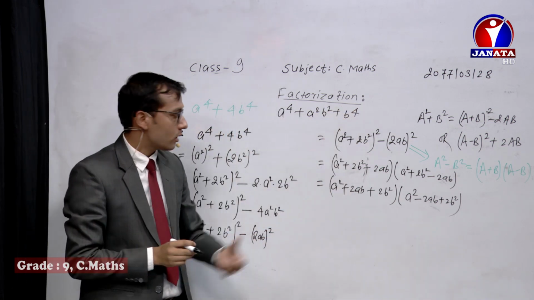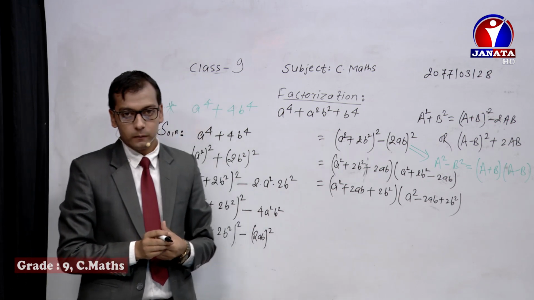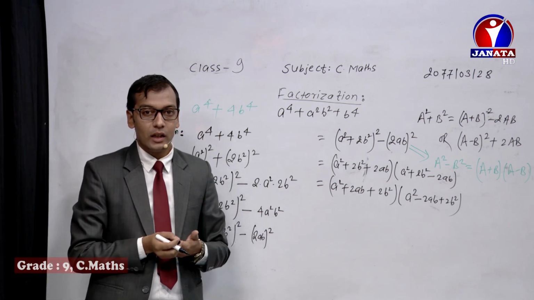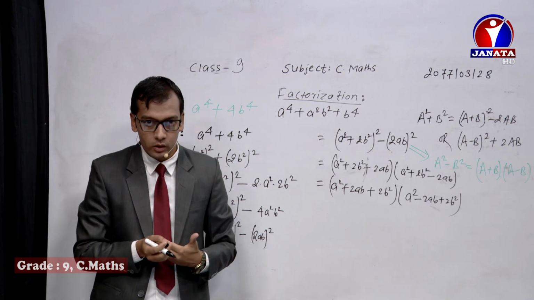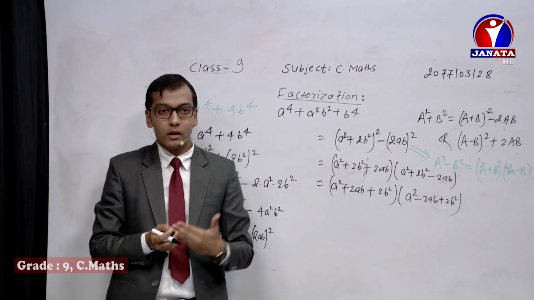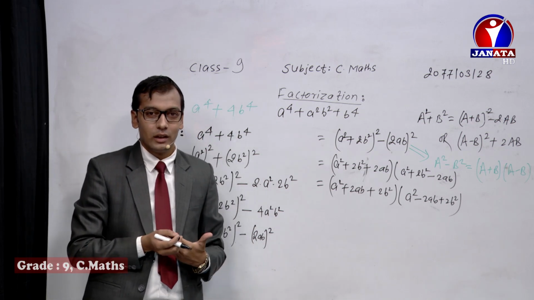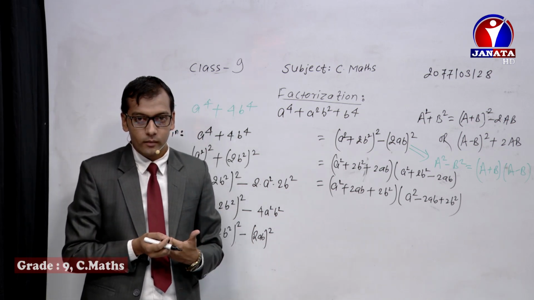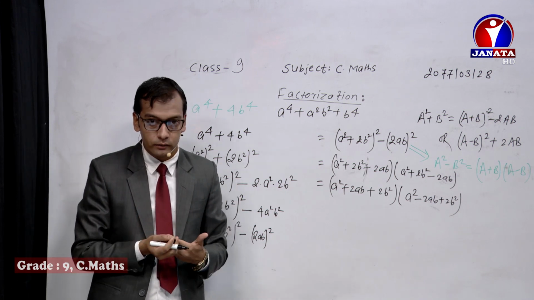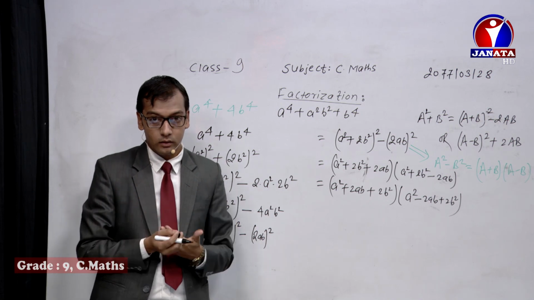We discussed this type of factorization. And similarly, there are other types of factorization, and we can use the formulas of a cube plus b cube, a cube minus b cube, and there are some other quadratic types of expressions we need to learn. And slowly we will be learning other types of factorization in the next class.